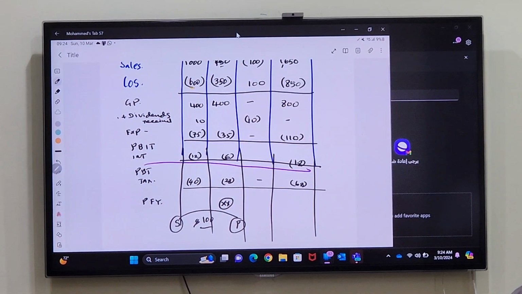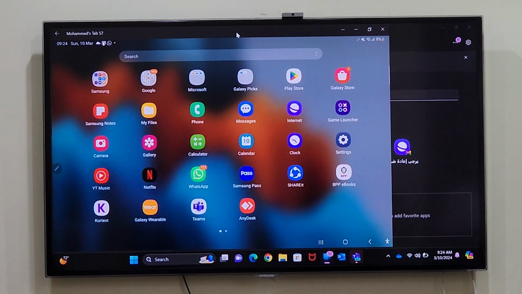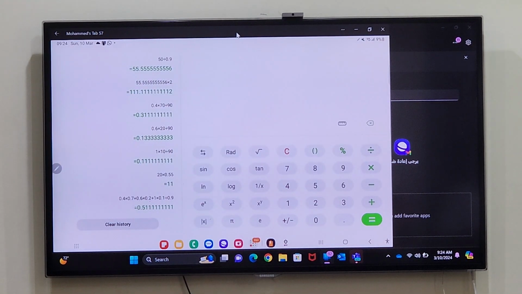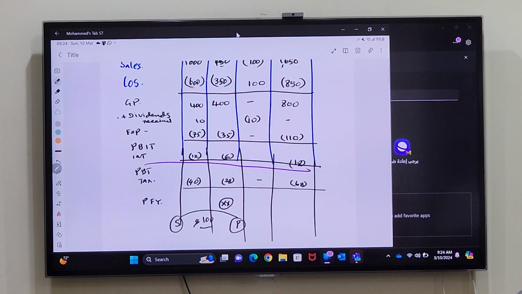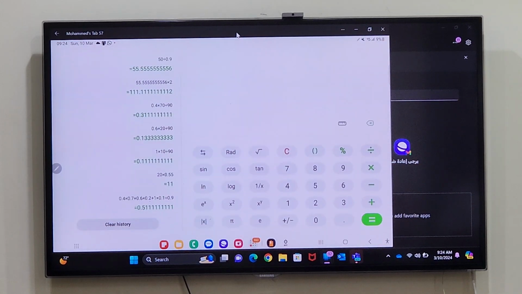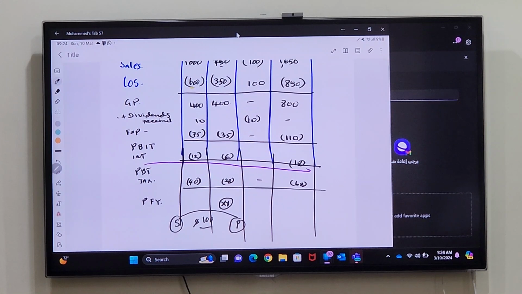410 minus 75. Could someone do the hard work for me, please? I can't wait for you all. Let me open my calculator. 410 minus 75 is 335. Then 283.